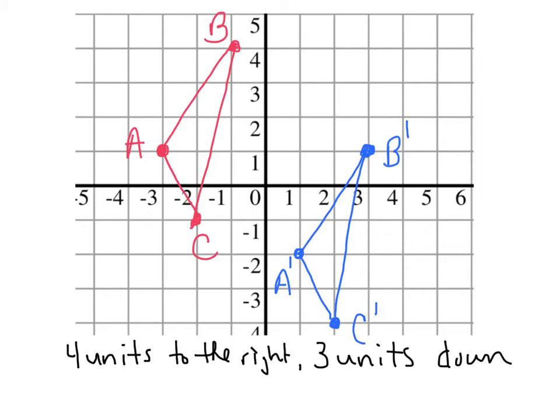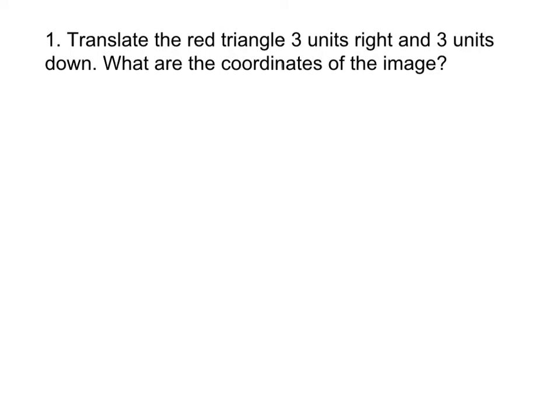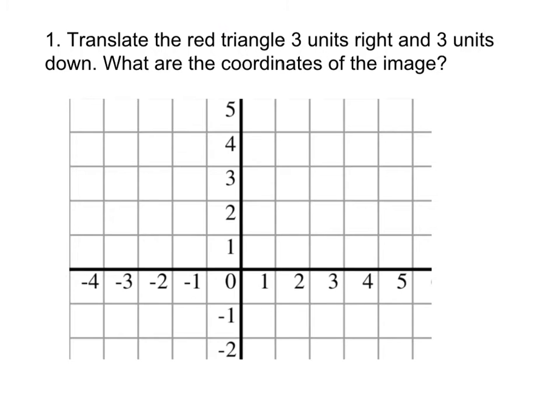So let's start our first example. Example number 1. Translate the red triangle 3 units right and 3 units down. What are the coordinates of the image? So here's your shape. You will need graph paper when you do this on homework, but you can just make this graph in your notes.